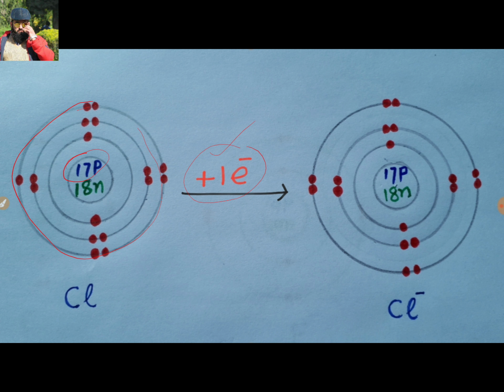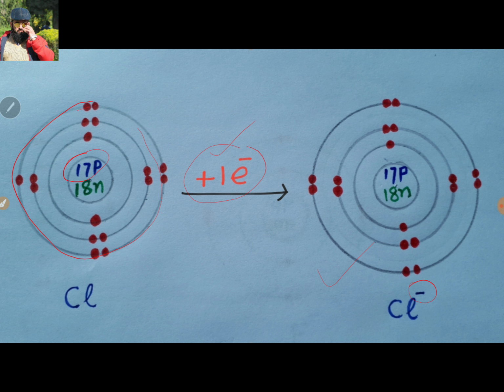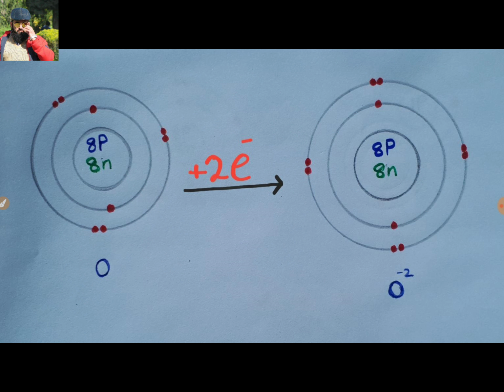The electrons are greater in number than the protons by one. In this way, the chlorine atom acquires a -1 charge, and the chloride ion is formed. So you can see that the number of electrons in an anion is greater than in the respective neutral atom from which this anion is formed.